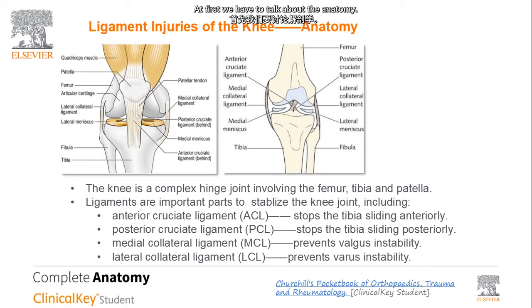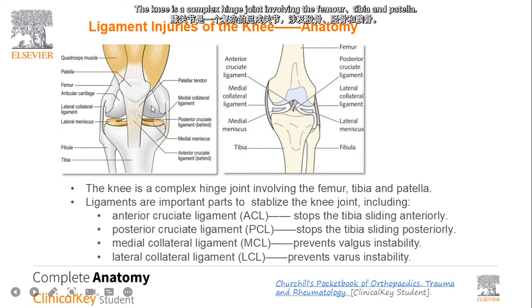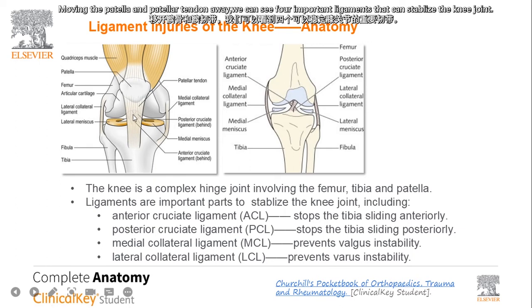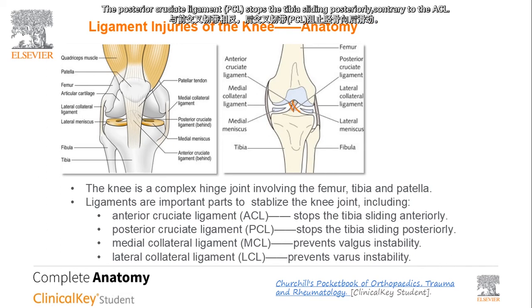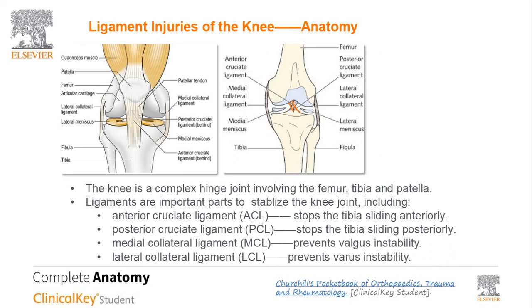At first, we have to talk about the anatomy. The knee is a complex hinge joint involving the femur, tibia, and patella. Moving the patella and patellar tendon away, we can see 4 important ligaments that can stabilize the knee joint. The anterior cruciate ligament, ACL, stops the tibia sliding anteriorly. The posterior cruciate ligament, PCL, stops the tibia sliding posteriorly, contrary to the ACL.